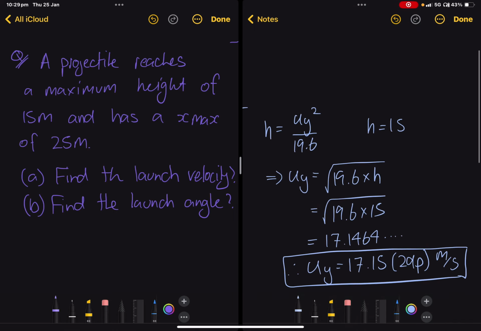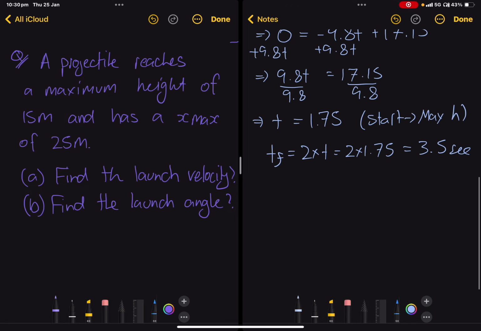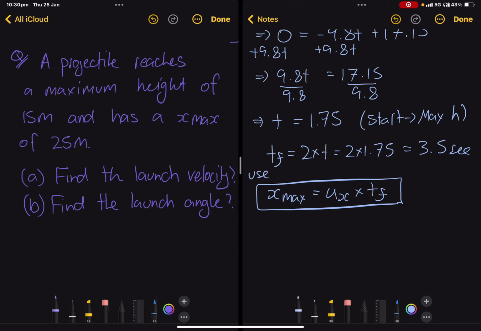Now we know another formula. We used a formula up here, this h formula, which is a max height formula as a function of the initial velocity. We have another formula, which is the x max, how far the projectile travels, is equal to the initial velocity in x multiplied by the time of flight. So we're going to use this to find the initial velocity in x. So u of x is equal to x max divided by the time of flight.